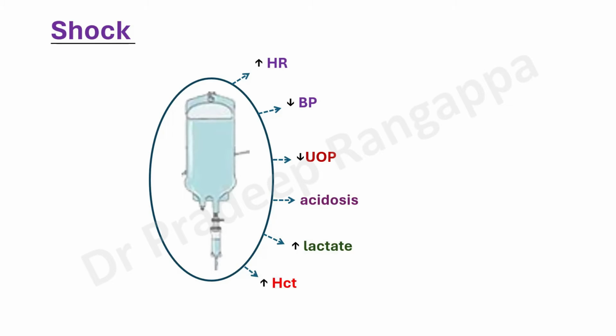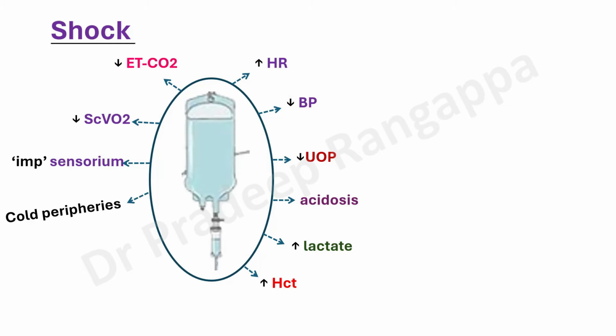And patients with dengue will have normal blood pressure, but you will see the hematocrit being high. So there are certain disease-specific conditions where certain markers are indicative of shock. In dengue, it's the hematocrit which determines that there is a shock prevailing. And low end-tidal CO2, especially in a peri-op setting, is an indication of shock. Or low mixed venous saturation is an indication of shock, or impaired sensorium, which this 73-year-old lady has, is one of the indicators of shock.